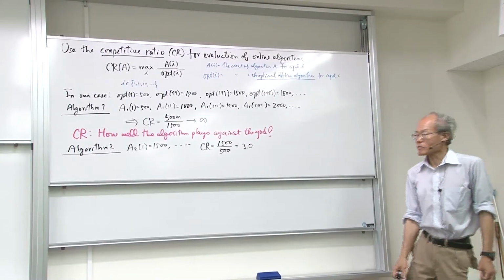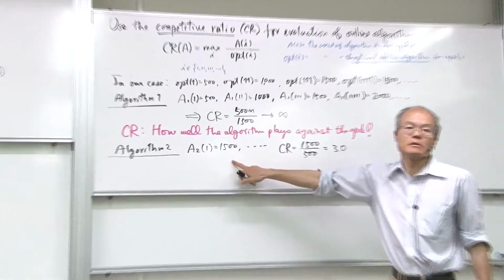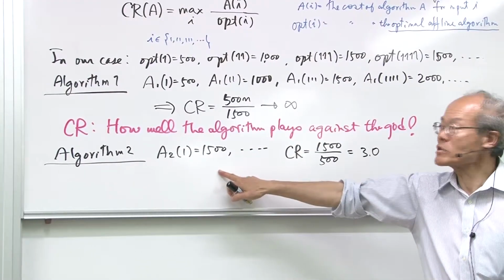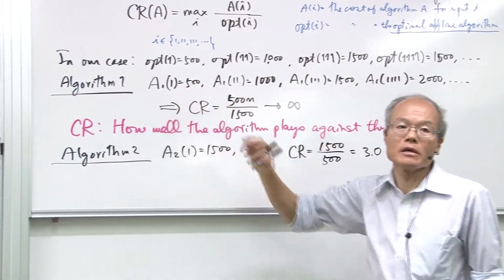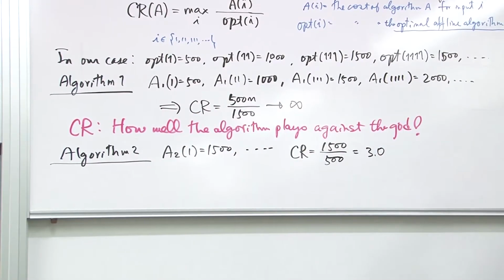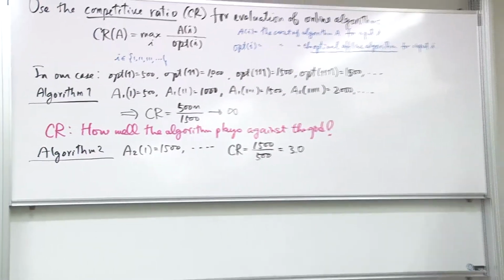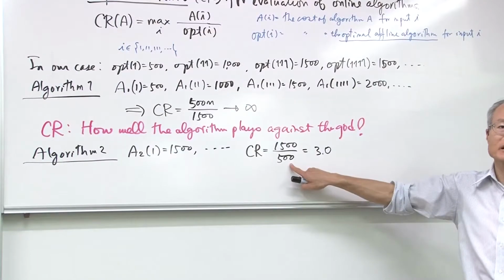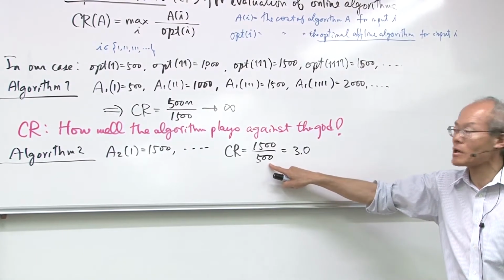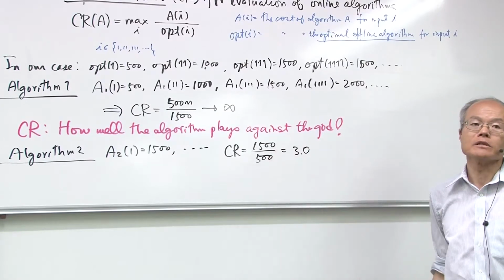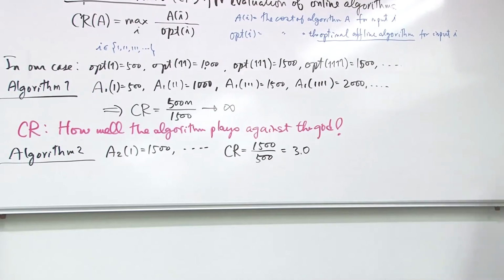The cost of the second algorithm is always 1,500. So what is the worst case? The worst case is just the case that we have only one. In that case, the offline algorithm's cost is only 500, but algorithm 2's cost is 1,500. That means the competitive ratio is 3.0.